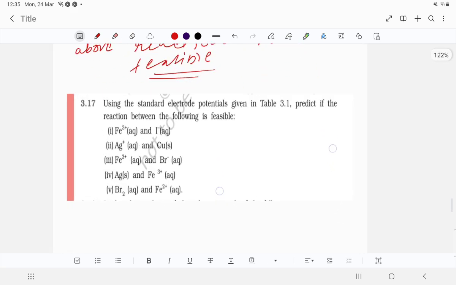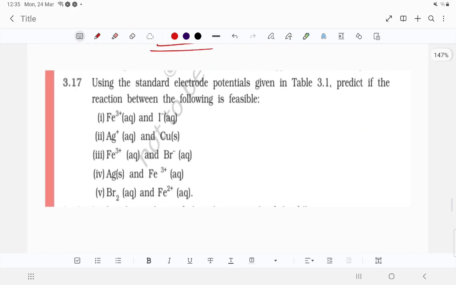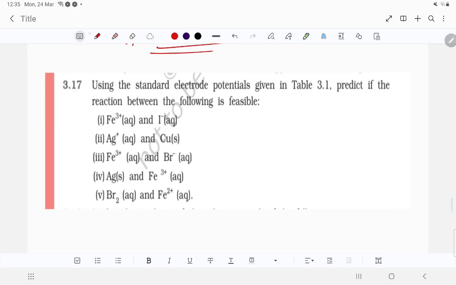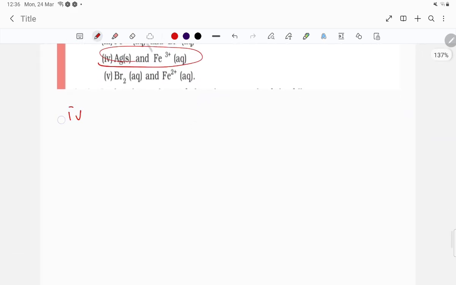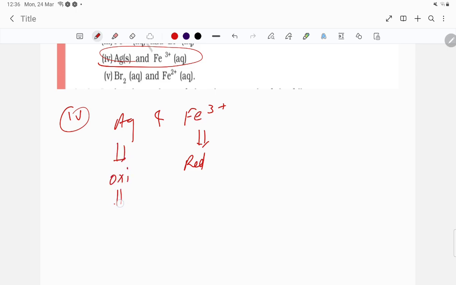Here we are going to do the fourth one, student. We are having Ag and Fe3+. This can undergo reduction because maximum positive charge is there. This can be oxidation. Oxidation means it is going to be anode, and reduction means it is going to be cathode.